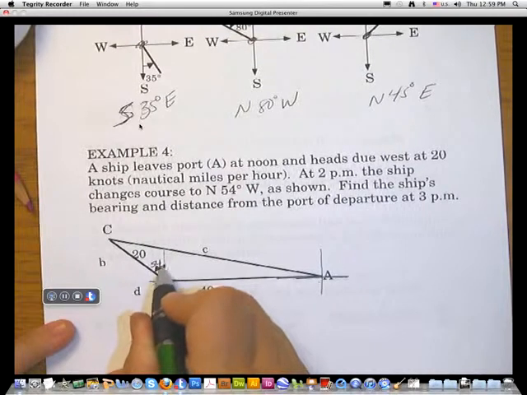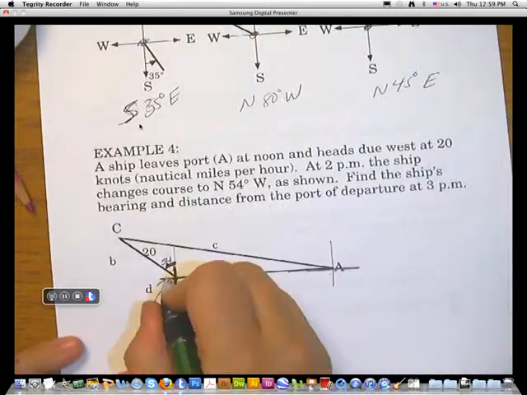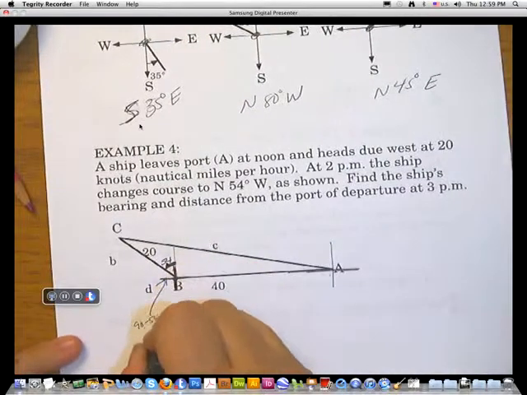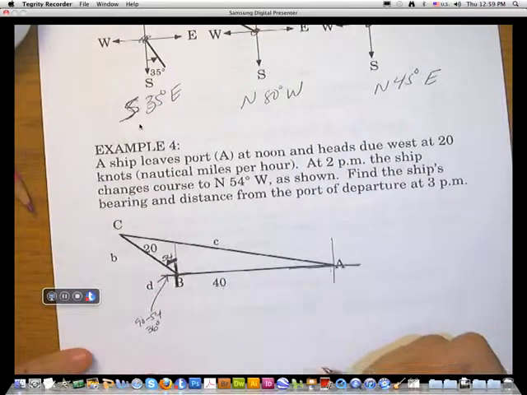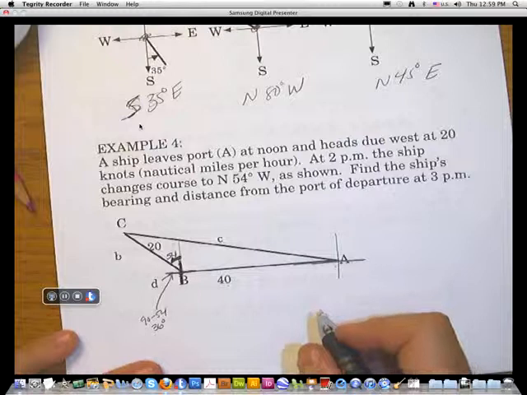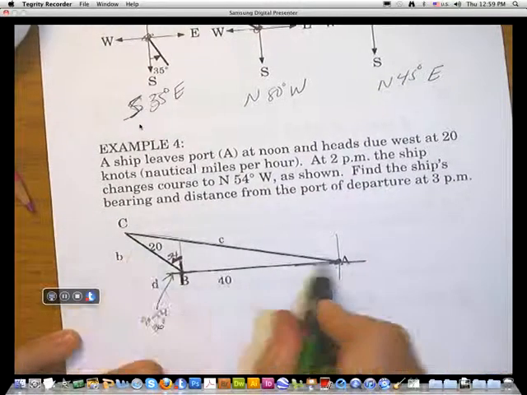That's my 54 inside. Now, by definition of complementary angles, I can go 90 minus 54 and get that that's 36 degrees. Find the ship's bearing and distance from the port. So here's my port, and here comes the boat coming back.